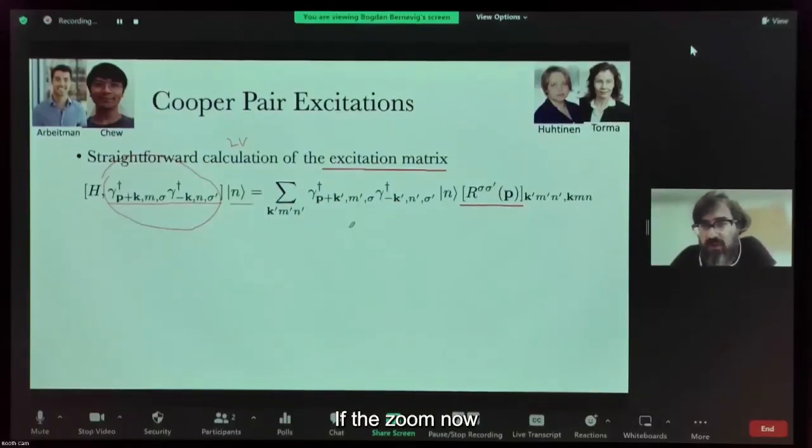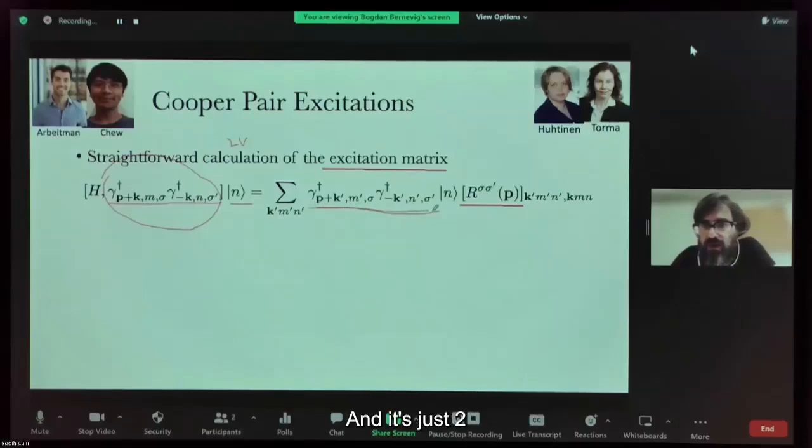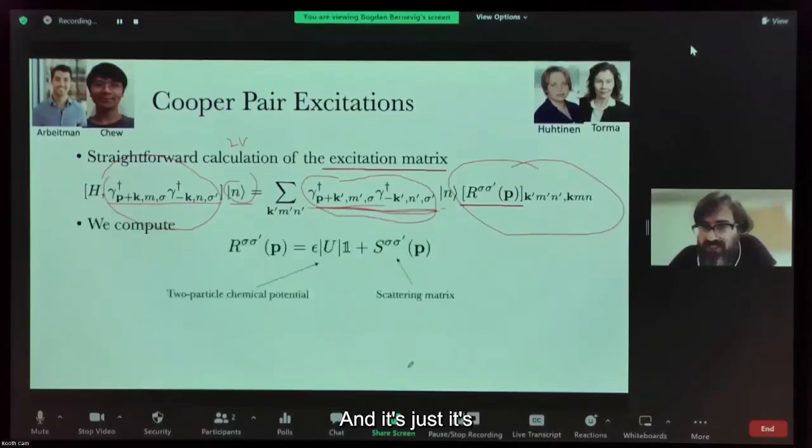The scattering equation again becomes rather simple because of this positive semi-definite Hamiltonian. It's just 2 particles. Okay, and because this state is simple and self-contained within the 2-particle space, it's the state times a matrix here. Okay, and the properties of this matrix are very easy to analyze.